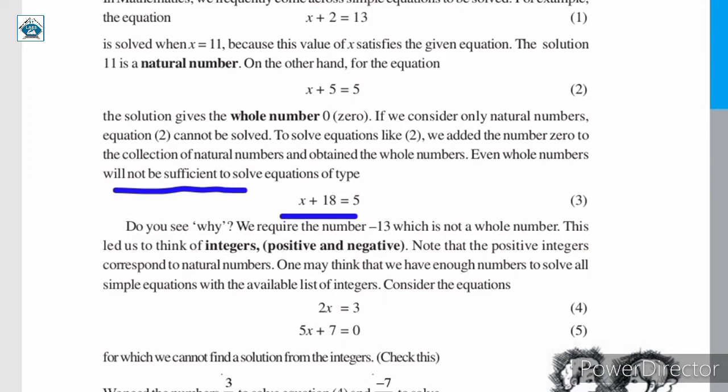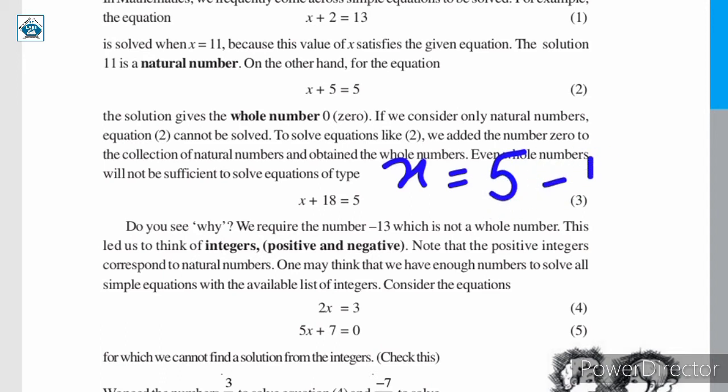Here we have x plus 18 is equal to 5. That is, to which number should we add 18 in order to get the answer as 5? So here when we rearrange this, we will get x is equal to 5 minus 18, giving the value of x as minus 13. Now minus 13 is not a whole number.